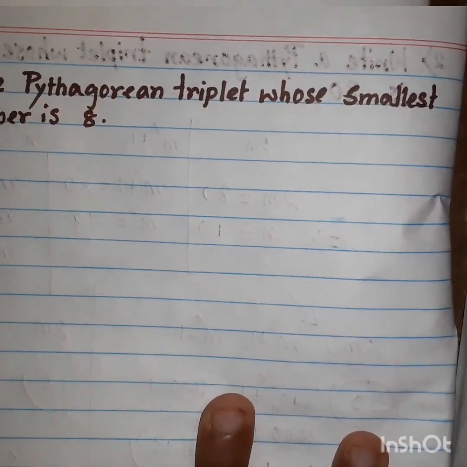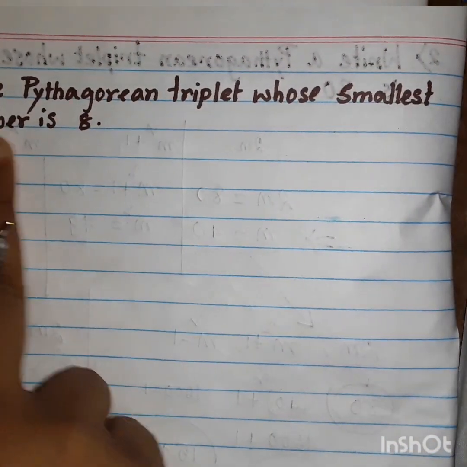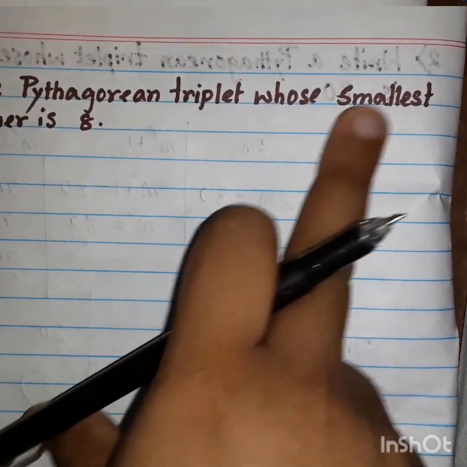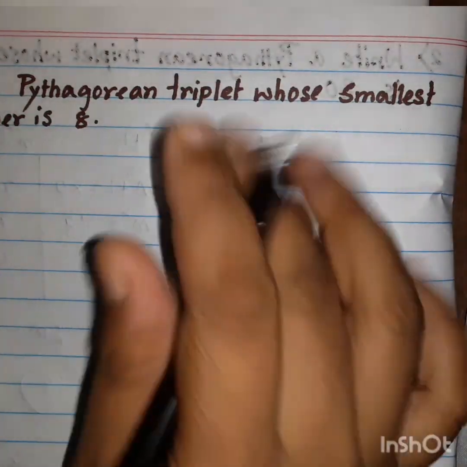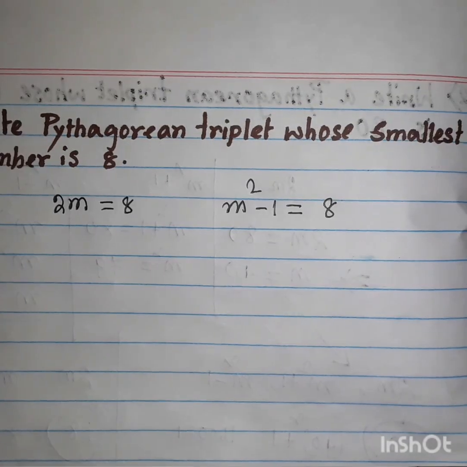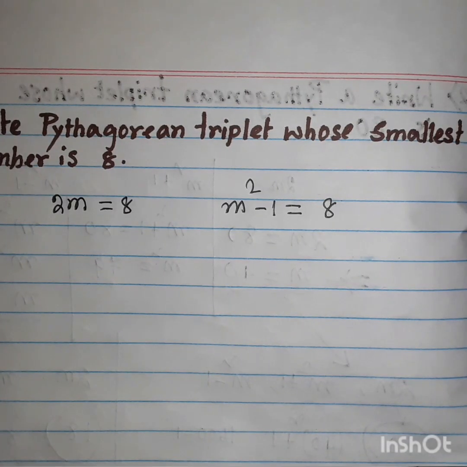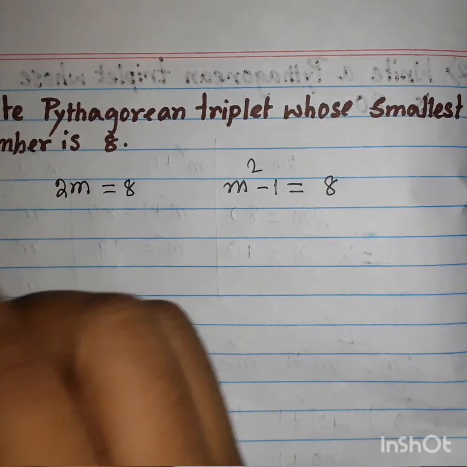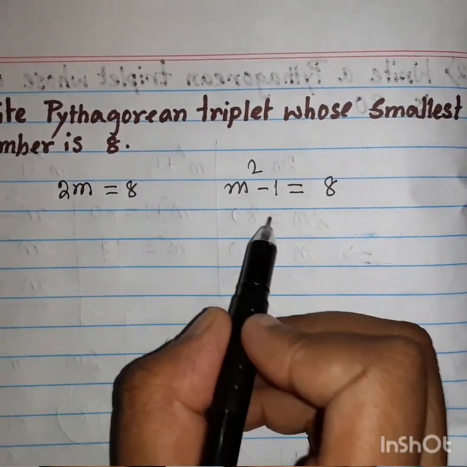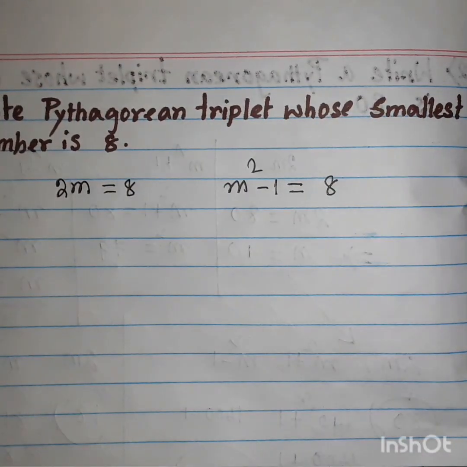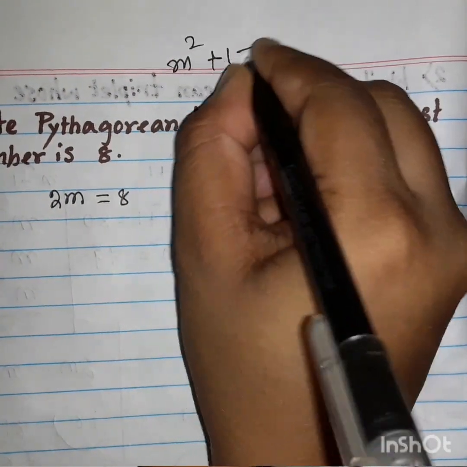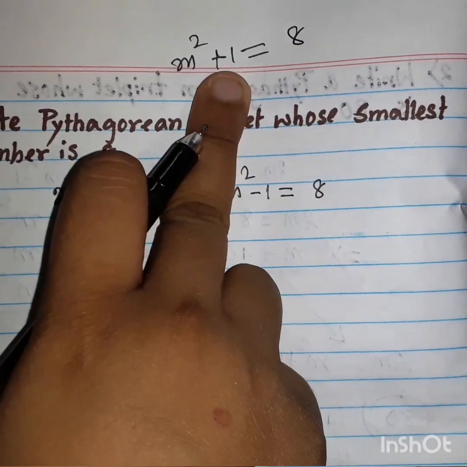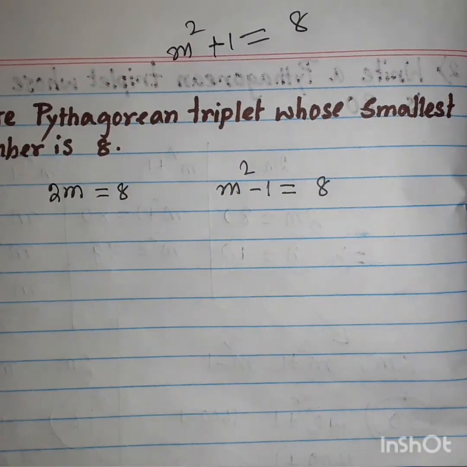In the last question, we were asked to write a Pythagorean triplet whose smallest number is 8. As it's informed that 8 should be the smallest number, there are two possibilities: 2m can be 8, or m square minus 1 can be 8. m square plus 1 cannot be 8, because m square plus 1 can never be the smallest one.